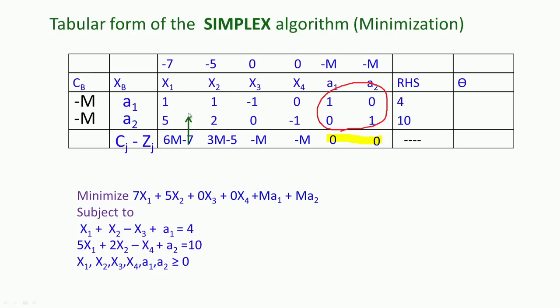Now x1 will come into the solution and it has to replace either a1 or a2. To do that, we find the ratios 4 divided by 1 and 10 divided by 5.